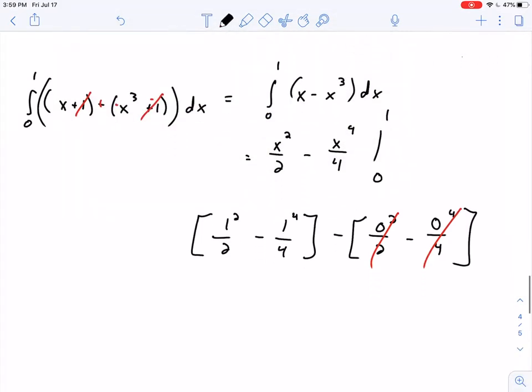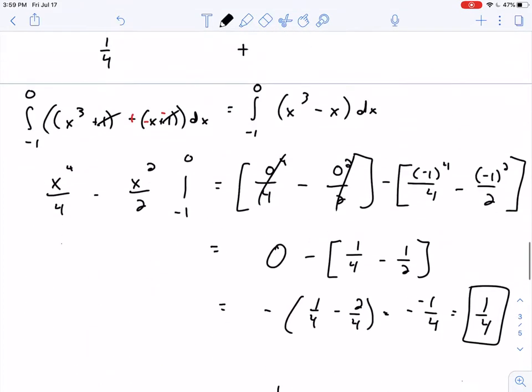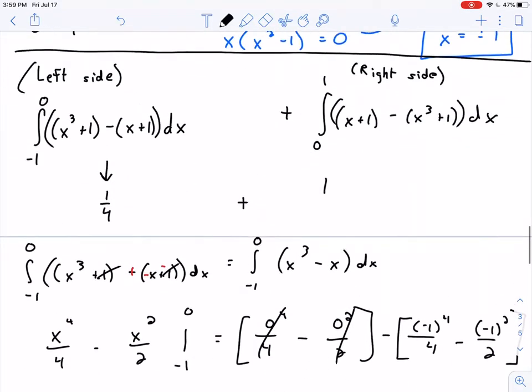And let's see here. I've got 1/2 minus 1/4. We looked at this earlier. We said this is 2/4 minus 1/4 or 1/4. So hey, 1/4 once again. What do you know? Who could have guessed? So that means that the right-hand side is also 1/4.